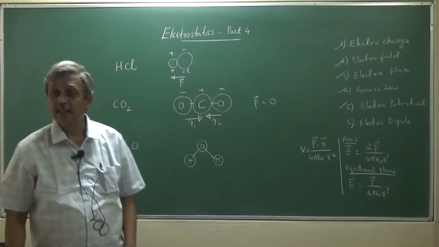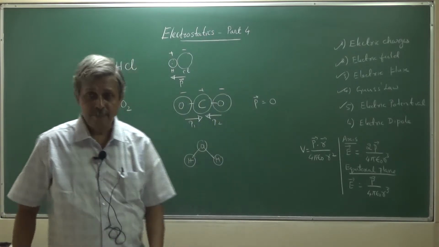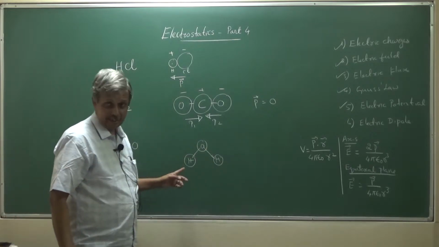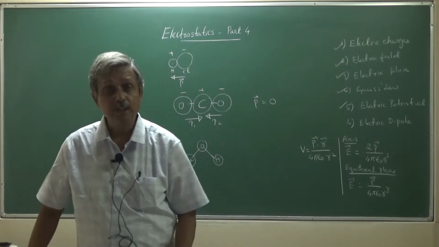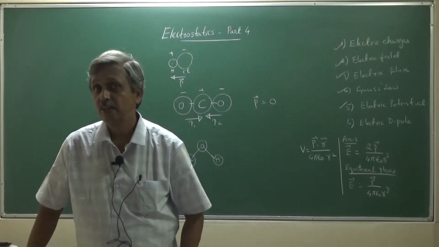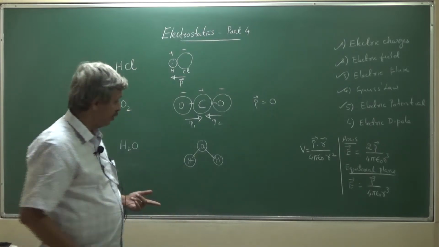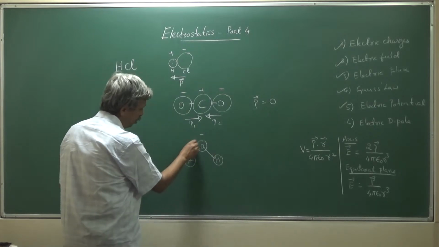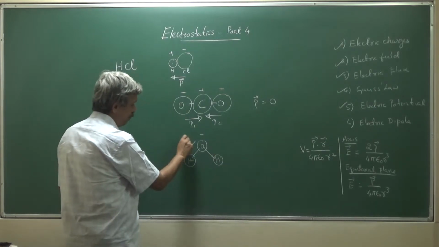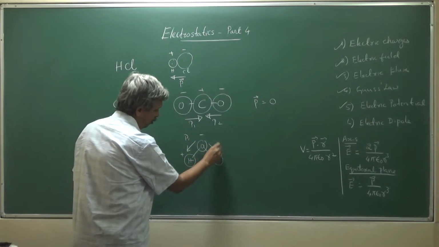The bonds between hydrogen and oxygen in H2O have a certain angle. Water molecule is available like this. The dipole points from H plus to O minus, so minus to plus means this is one of them, P1, and this is another one.